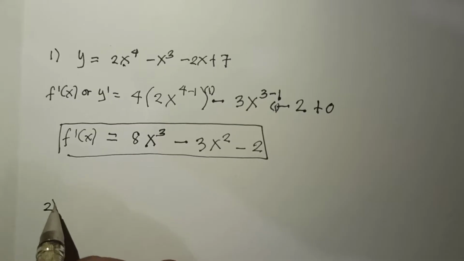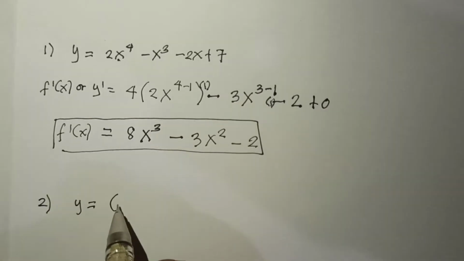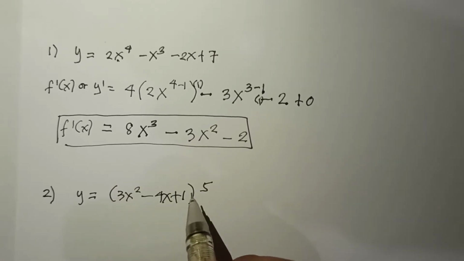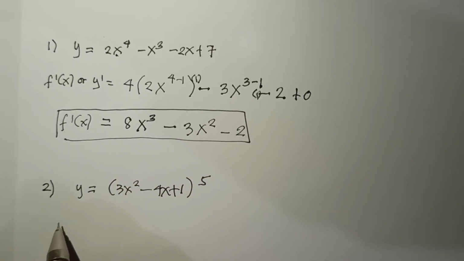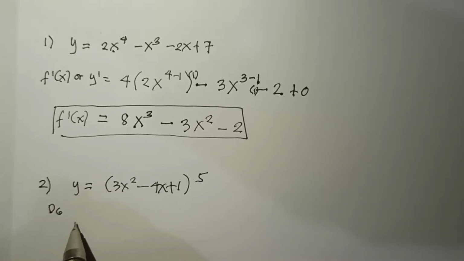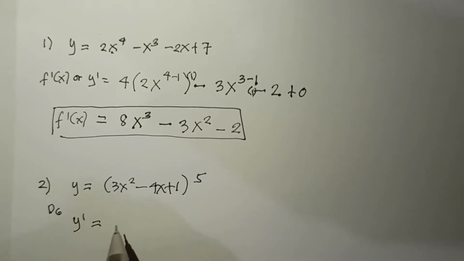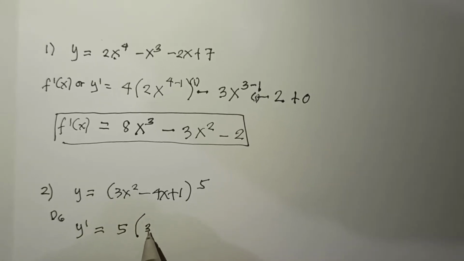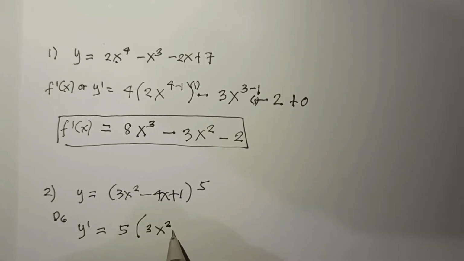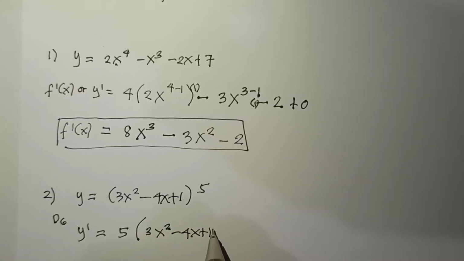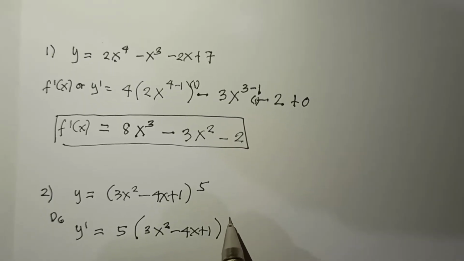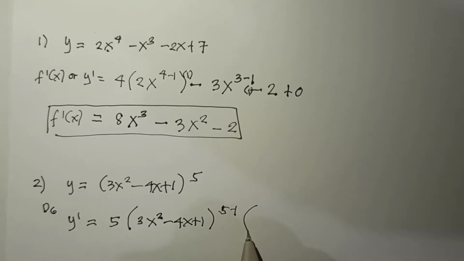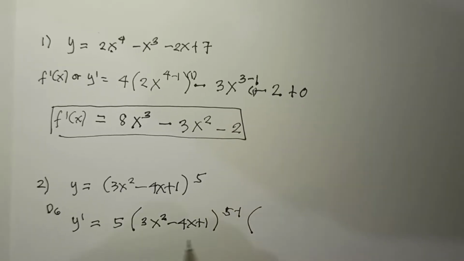In number 2, we have y equals 3x squared minus 4x plus 1 raised to 5. By the use of D6, y prime is equal to 5 times 3x squared minus 4x plus 1 raised to 4, because that is 5 minus 1, times the derivative of the inner part.